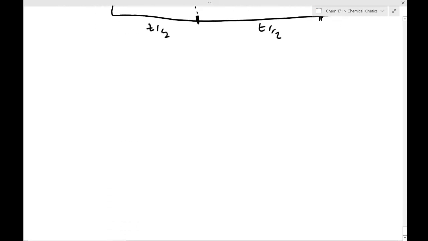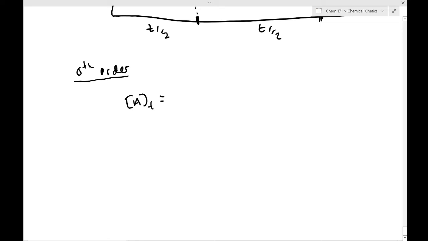Let's come back to zeroth order. I know that we did these kind of out of order. Let's come back and do zeroth order and look at the half-life. The integrated rate law for a zeroth order reaction is [A]t equals negative kt plus [A]0.